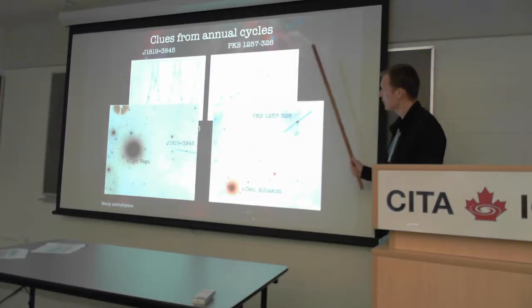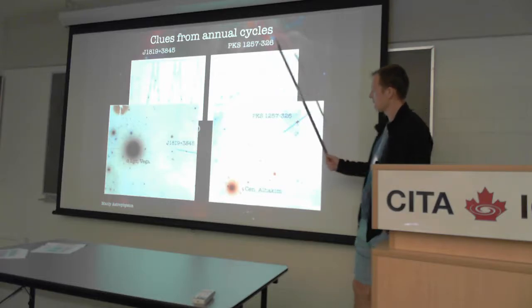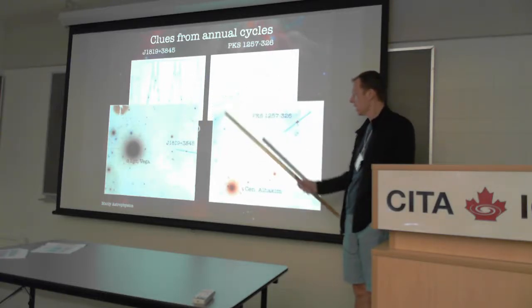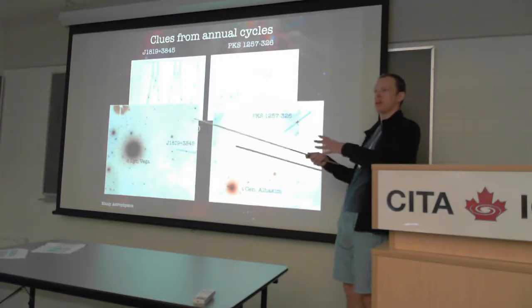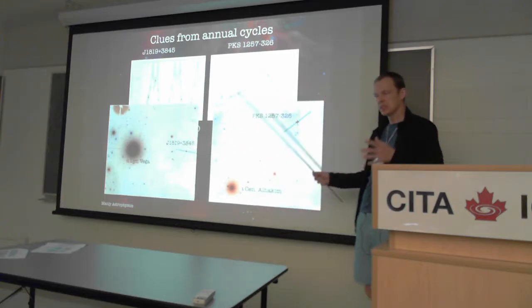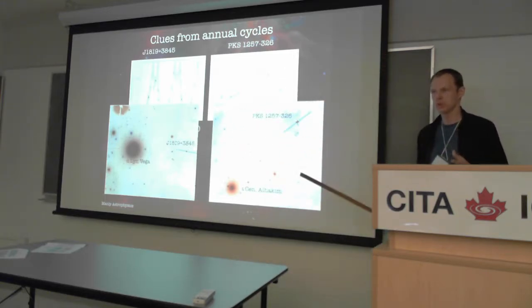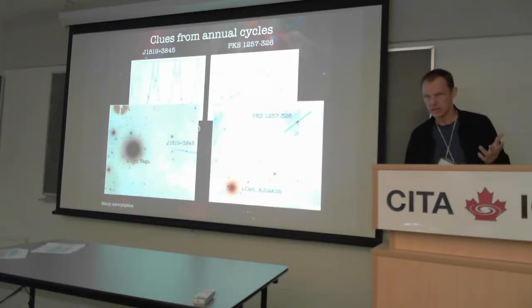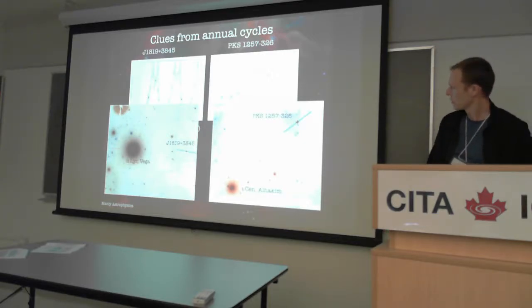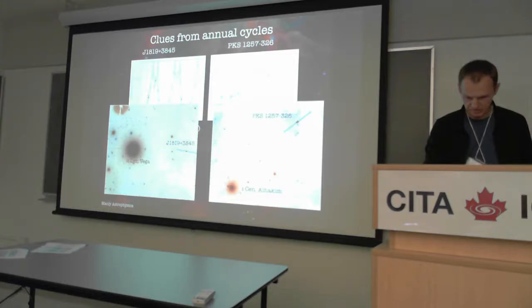From the annual cycles, you can figure out the orientation of those screens, the major axis of each screen. And it turns out that in both cases, they point towards those hot stars that we now think are somehow connected with the phenomenon of extreme IDV.